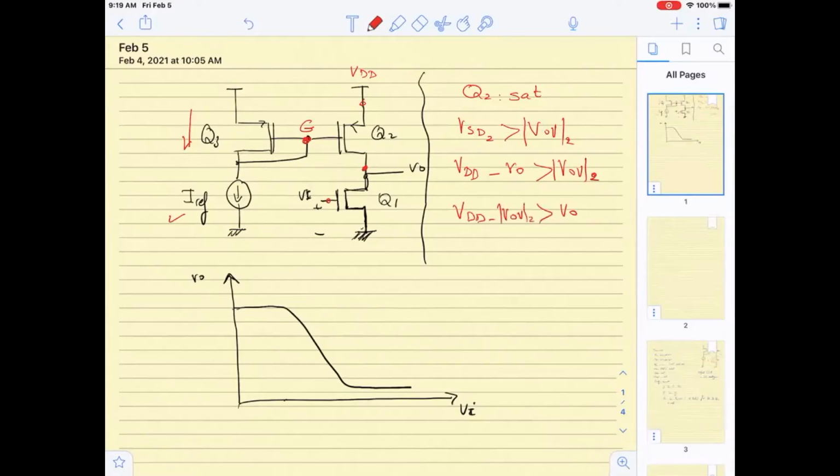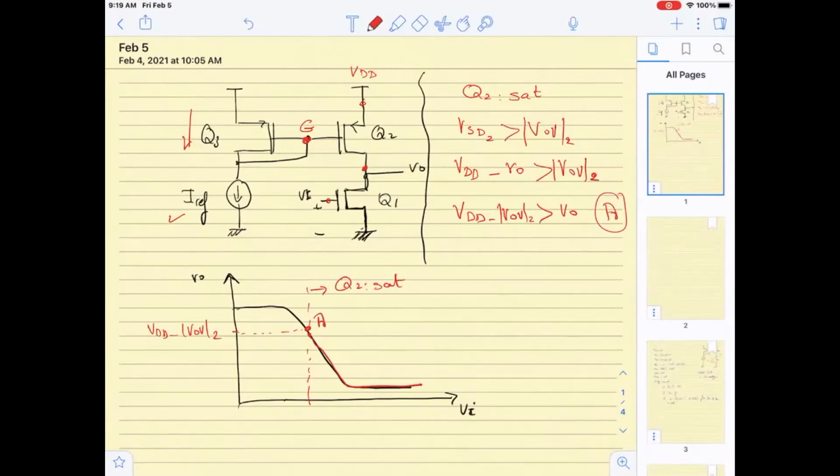So we are going to determine a point here called point A, where VO is equal to VDD minus VOV2. Anywhere below this point, I'm going to have Q2 in SAT. As long as my output is below this point, Q2 is going to be in saturation.